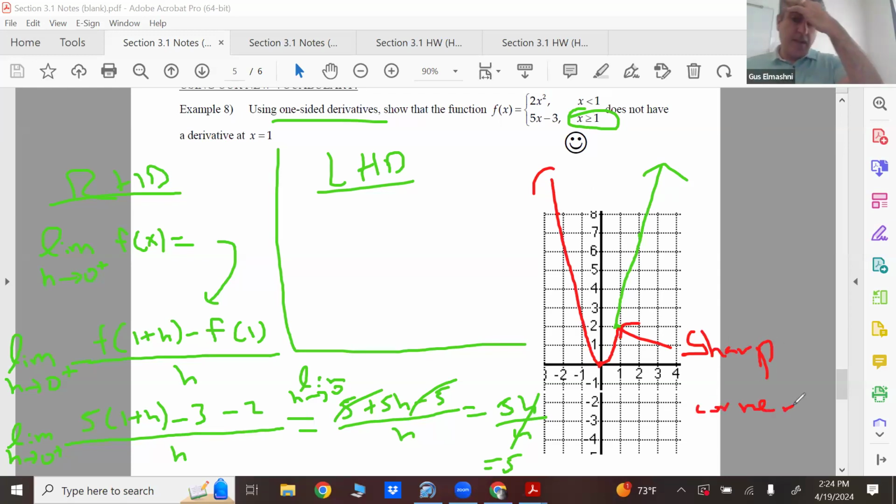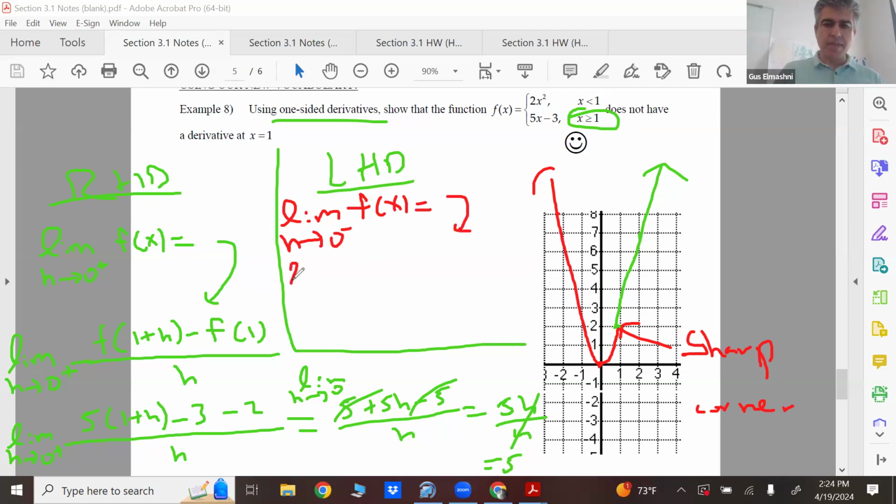All right, now if I do the left-hand derivative, it's going to get a little dicey here. As h approaches 0 from the left side, f prime of 1 equals the limit as h approaches 0 from the left. Now, in this case, you're still doing f of 1 plus h minus f of 1.